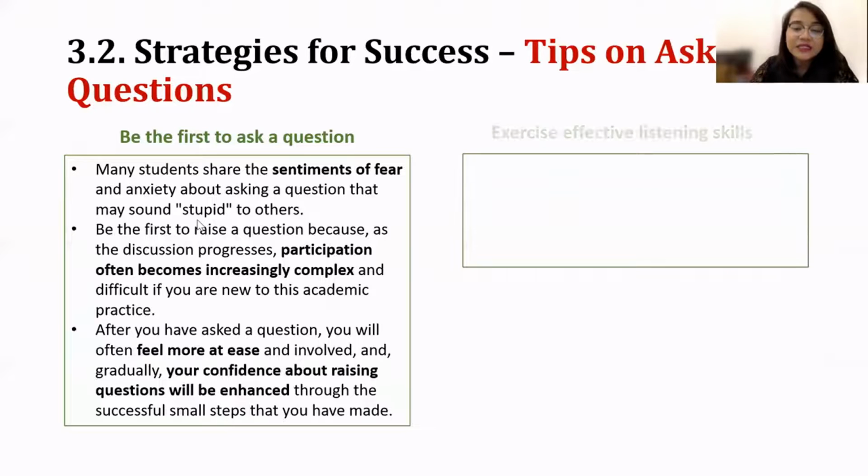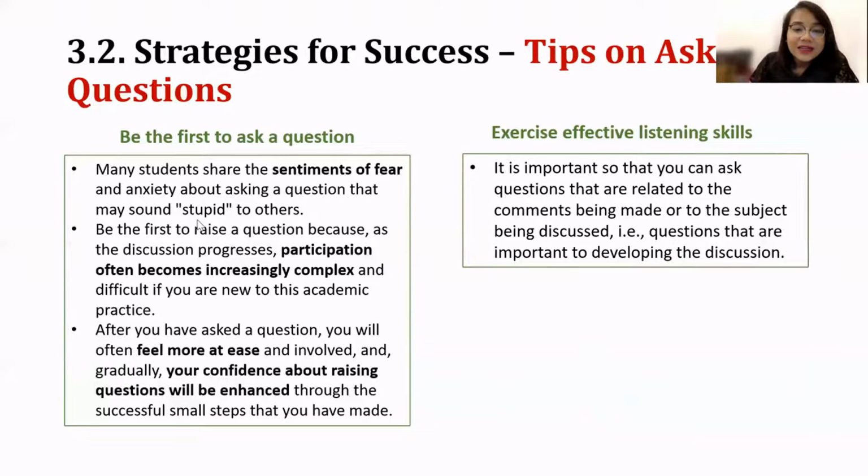And then the next one, exercise effective listening skills, just like what we discussed in the previous lecture. It is important so that you can ask questions that are related to the comments being made or to the subject being discussed. For example, questions that are important to developing the discussion.